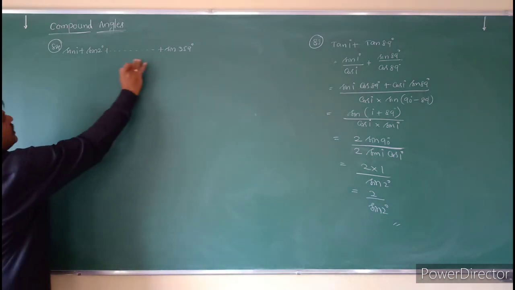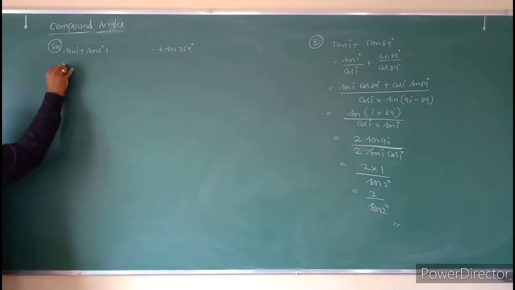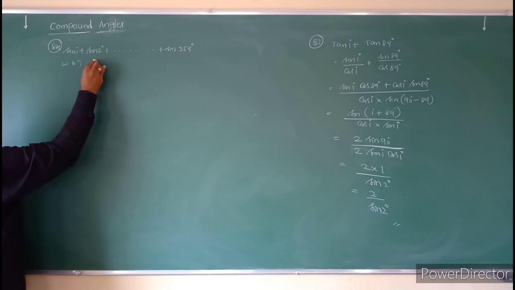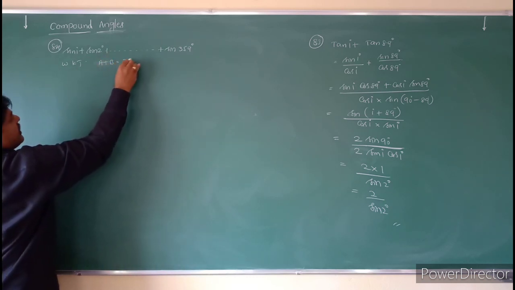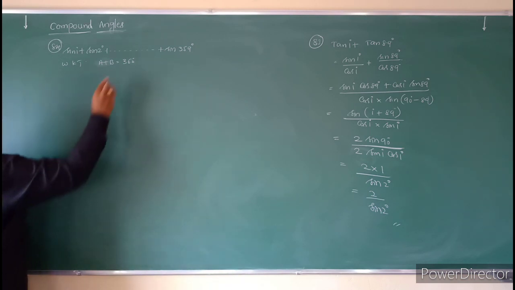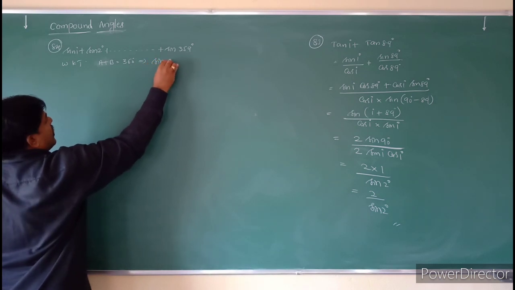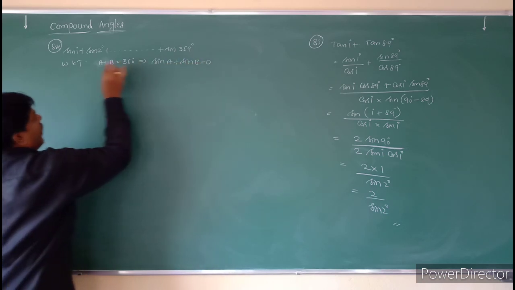See, students, here we know one formula: if a plus b is equal to 360 degrees, then sin a plus sin b is equal to 0.